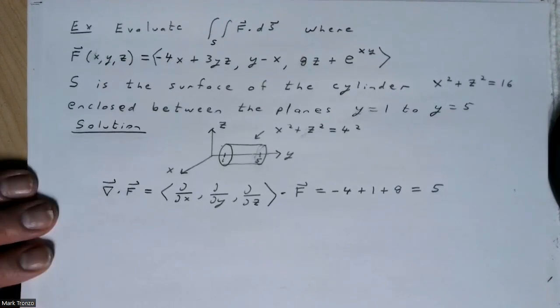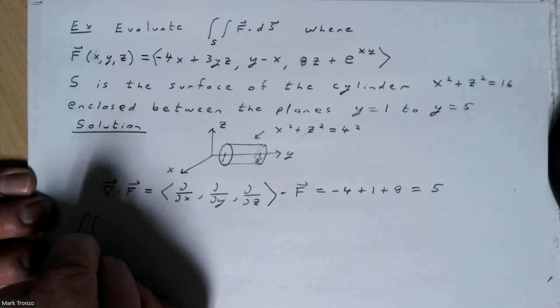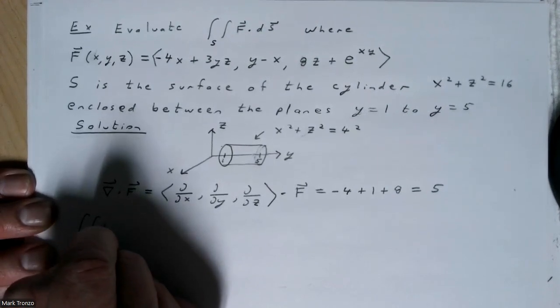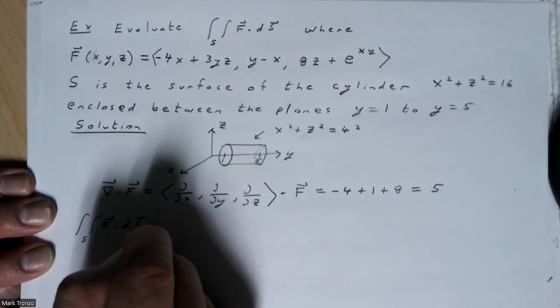So let's go ahead and apply the divergence theorem. Remember, you don't always have to write all these steps up. I'm just writing that to remind us what we're doing.